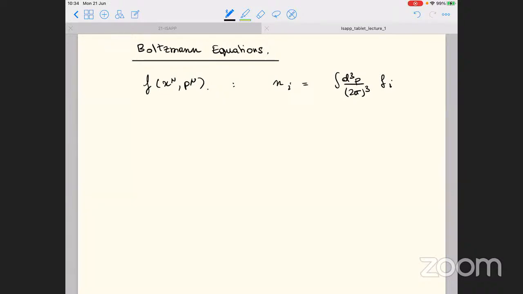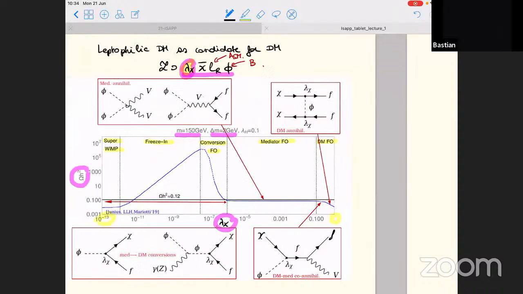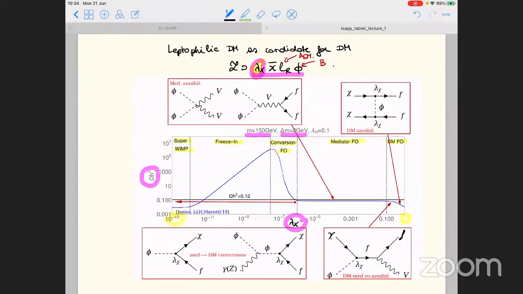There is a question? Sorry, Laura. Yes, I had some problems with my microphone. I have a question regarding the last slide. Yes, sure. Here in this range, which is called mediator freeze out, in that regime, does it mean that your dark matter particle is not in thermal equilibrium?